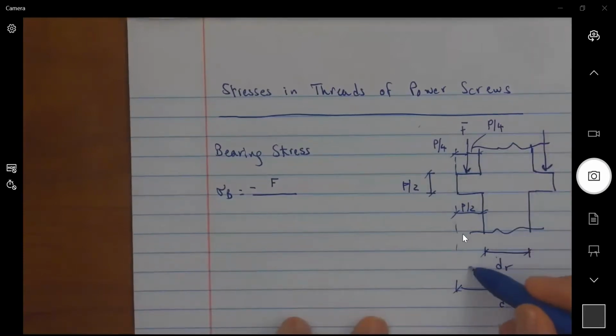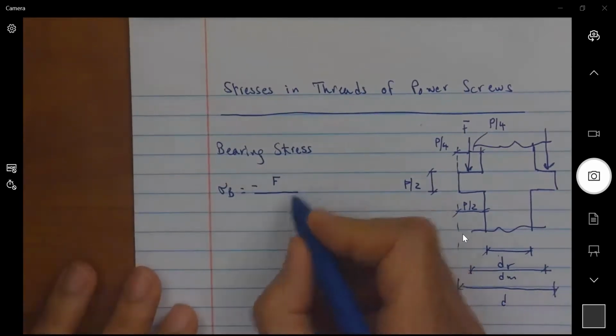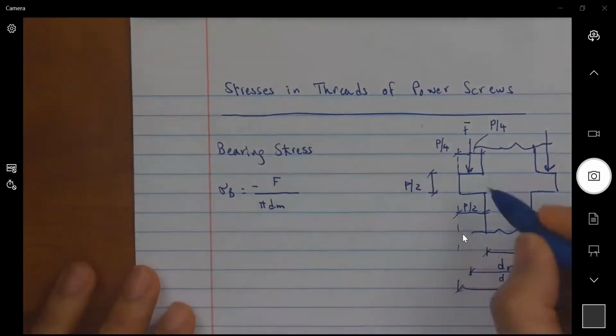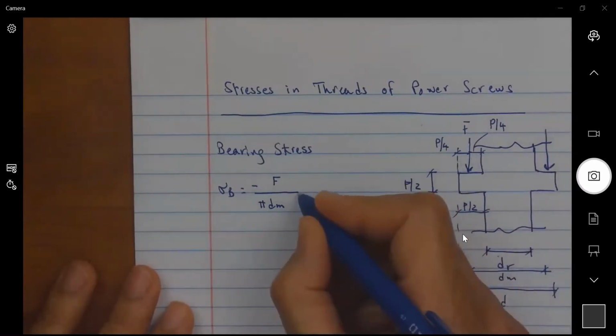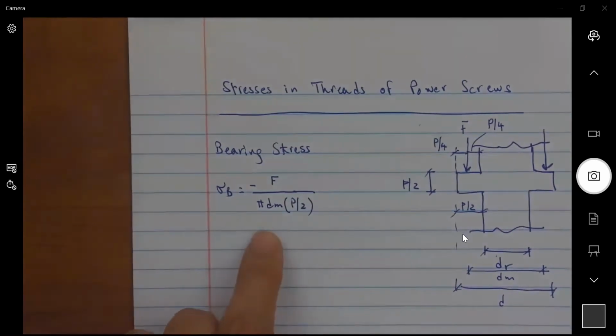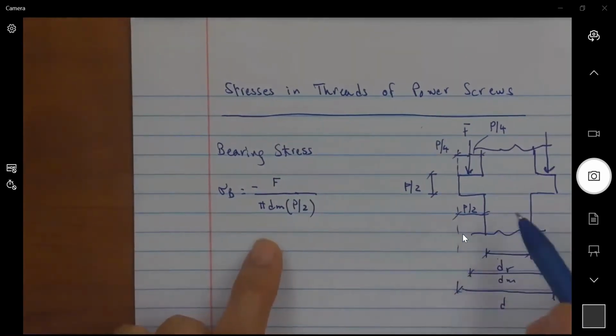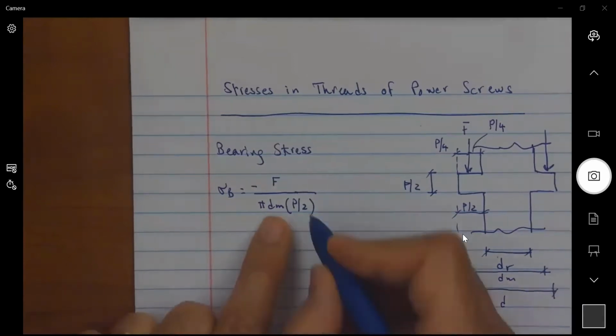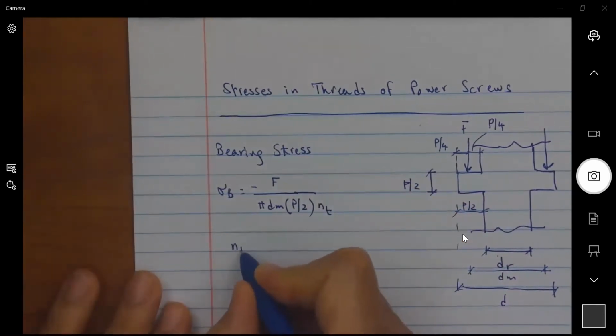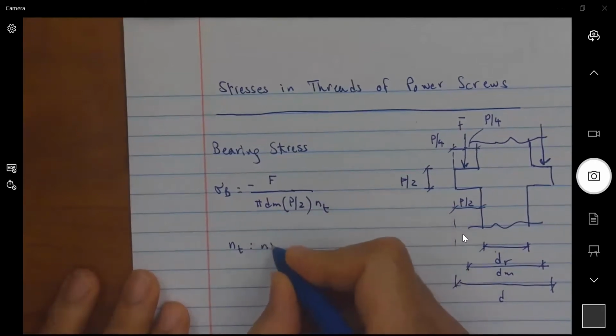When we're finding the perimeter, we are going to be using the mean diameter, dm. So I will be looking here at the perimeter, pi dm, multiplied by the height, which is P over 2. But it is important to note that I do have more than one thread engaged. So I'm going to multiply this by NT, where NT is the number of engaged threads.